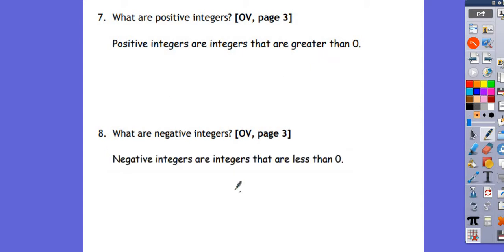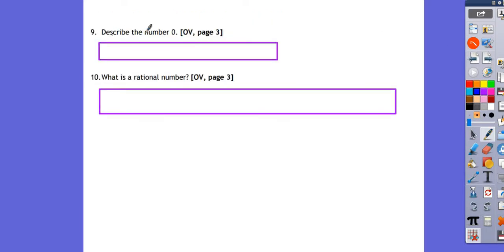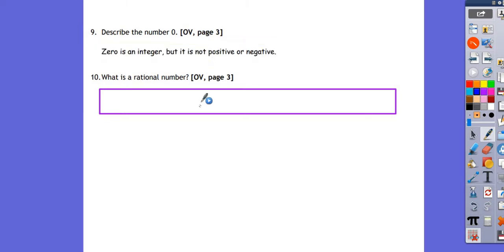It's going to be integers that are less than 0. It says describe the number 0. Well, we said 0 is an integer, but it's not positive or negative, it's just neutral.